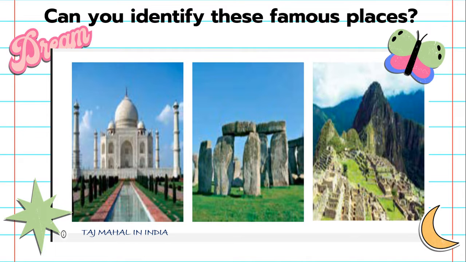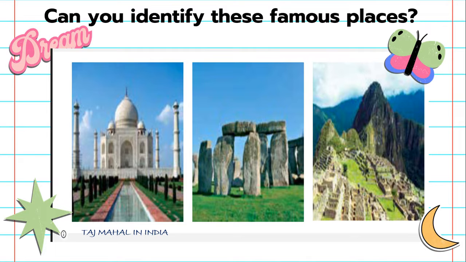The Taj Mahal is a white marble mausoleum located in Agra, India. It is an example of Muslim art in India. It was built by the Emperor Shah Jahan in memory of his third wife, Mumtaz Mahal, and was built between 1632 and 1648.